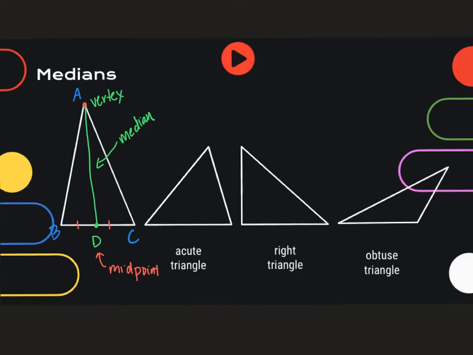Now let's look at the medians of an acute, right, and obtuse triangle. If you recall from the previous lesson, we talked about the centers of triangles. We talked about the circumcenter and the incenter. And the circumcenter was created when we had intersecting perpendicular bisectors.